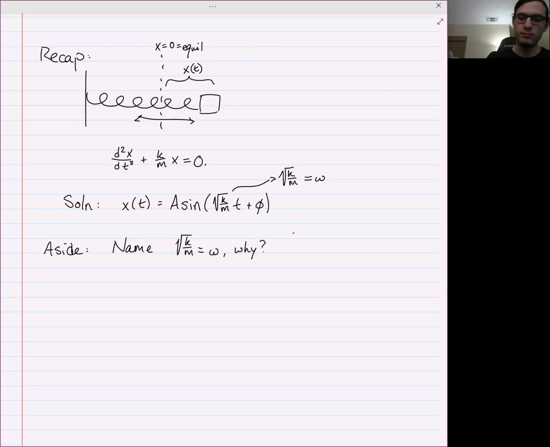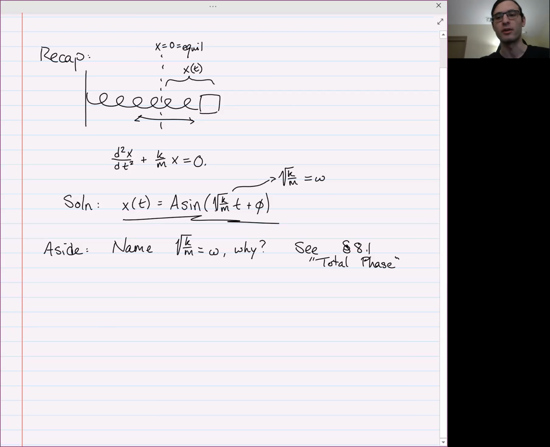So I'm going to instead point you to section 8.1 and then the subsection total phase in the textbook. That will give you a nice overview as to why they're the same letter. Should be helpful. But the long and short of it is that we can model the motion of a mass moving in circular motion with angular velocity omega using this same function, but replacing square root k over m with omega.